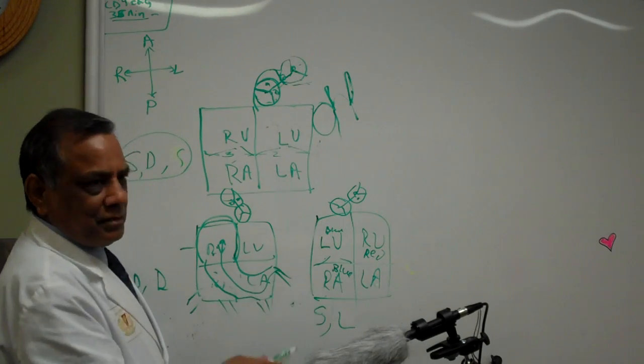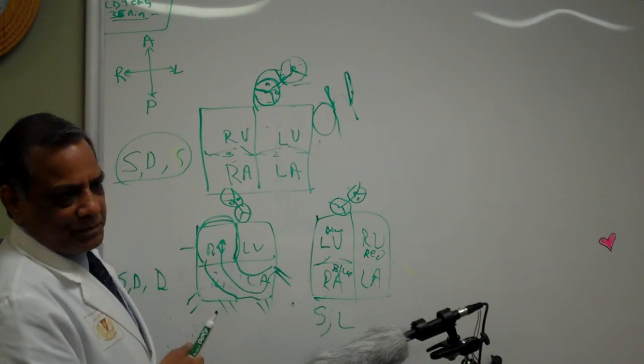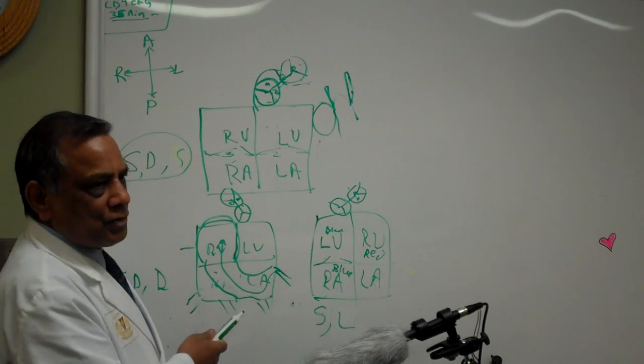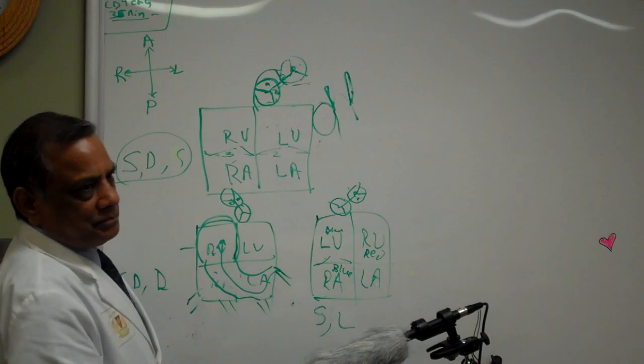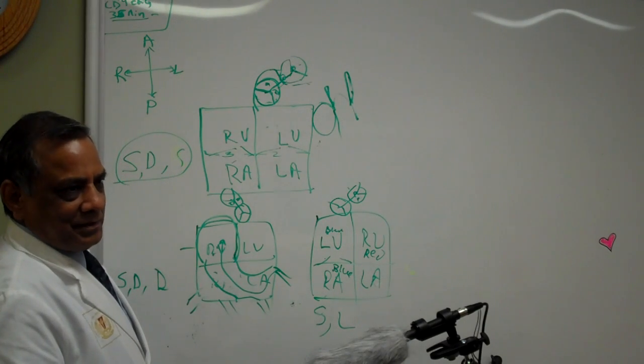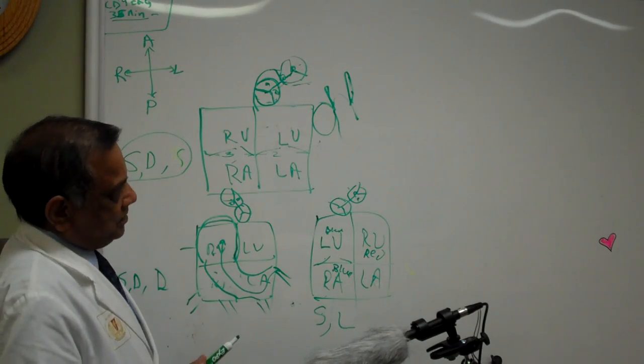So if you know this diagram, you know now I'm dealing with posterior and the arteries are flipped. So this diagram is very important. The two coronaries are posterior here in this one as well as in this one, instead of coming from the anterior sinuses.